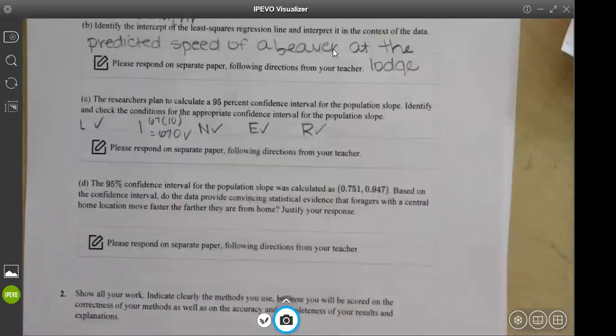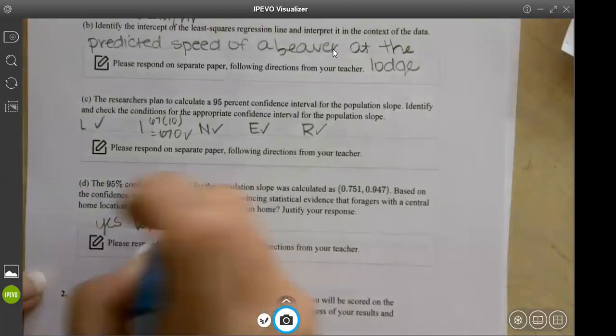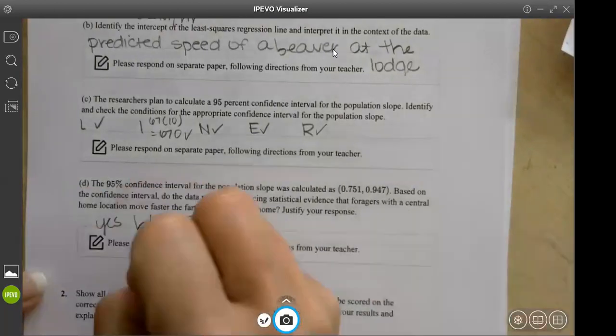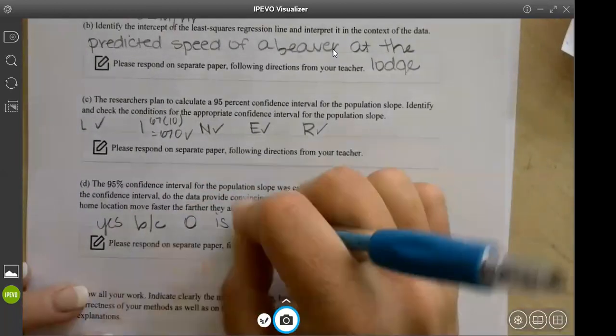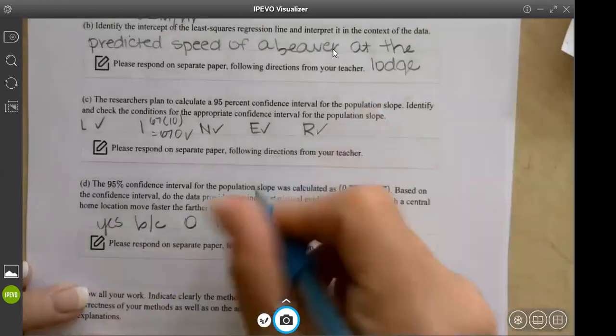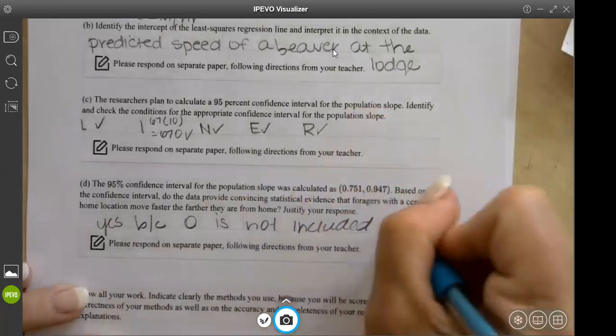It says the 95% confidence interval for the population slope was calculated as 0.751 to 0.947. Based on the confidence interval, do the data provide convincing statistical evidence that foragers with a central home location move faster the further they are from the home? Yes. What would 0 mean? That 0 is not included in the interval.